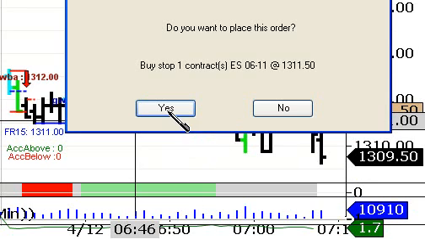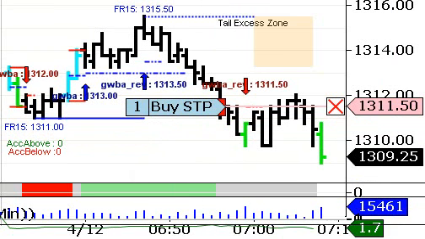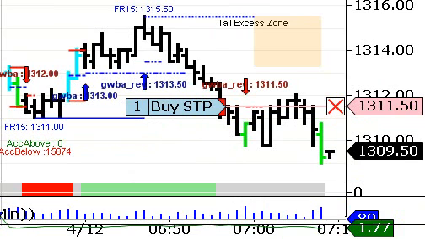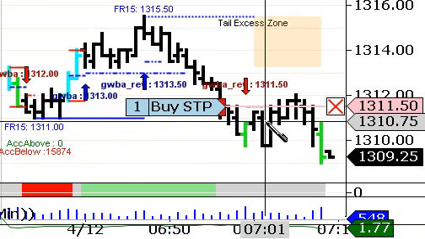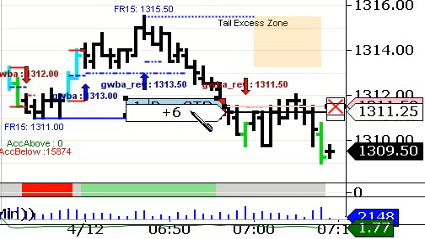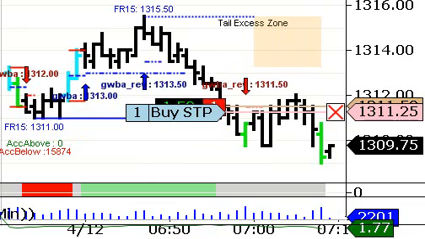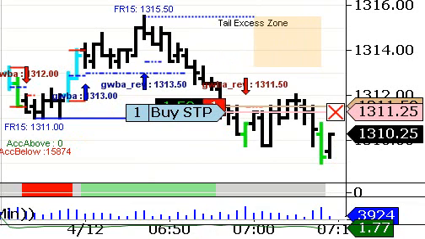So what I'm going to do now is I've erased that, because I'm going to go ahead and manage this final partial contract manually, and so I put a break-even stop at our entry price, and you can see that this selling line bar right here has a high of 1310.75. I have gone ahead and placed the protective buy stop 2 ticks above the high of that selling green bar that just came in, that lime green bar.